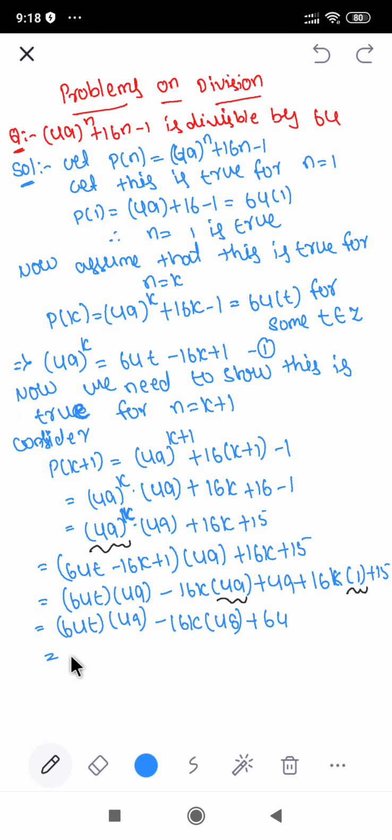Now here we can take 64 entirely common. This can be written as 49t minus 16 into 48 can go, 64. How much will be left out there?